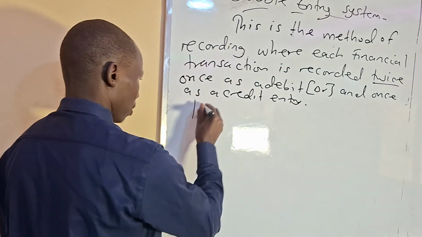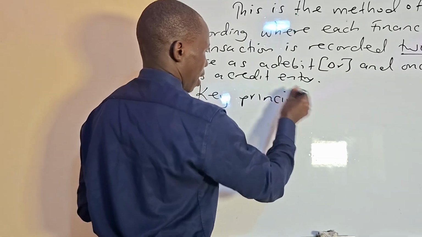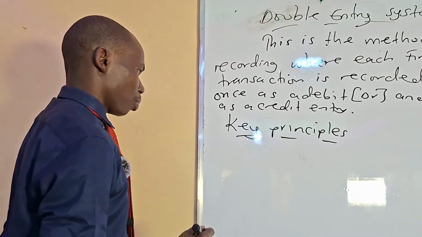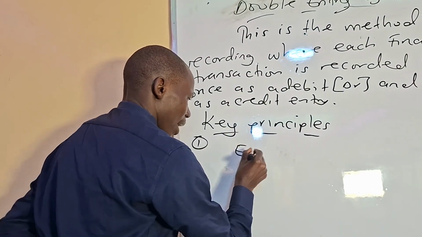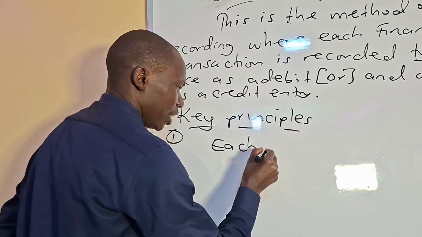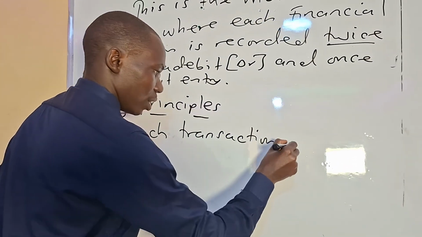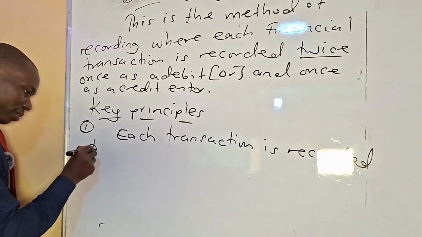Key principles here, which you need to know. Principles governing our double entry system. Key principle number one, as I have said in the definition, each transaction is recorded twice.